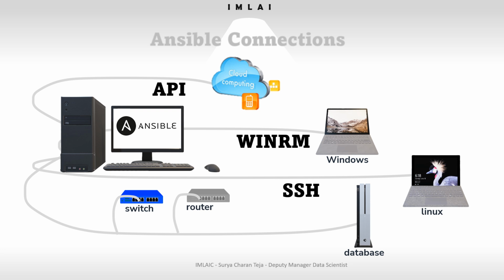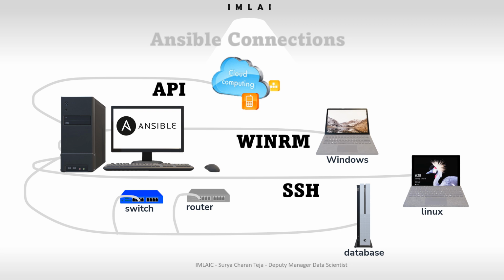So my point here is, you don't need to set up an agent on the destination or in the server itself. It's completely different when you compare with Chef and Puppet. There it's a server and agent kind of architecture.